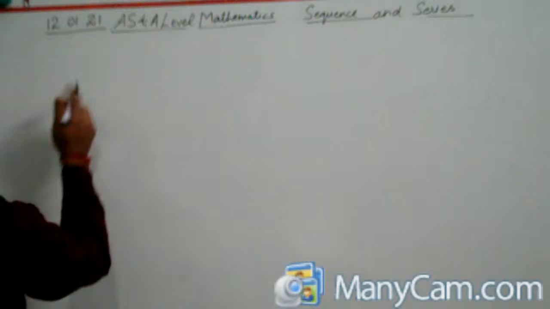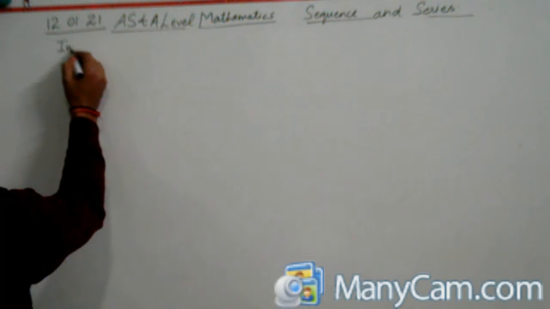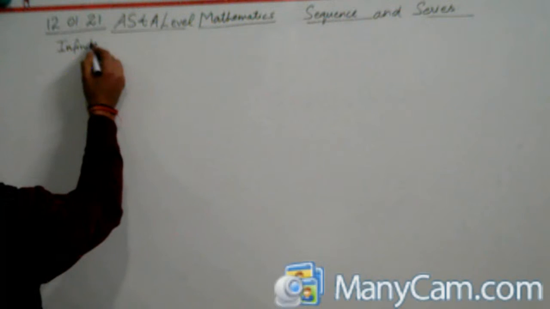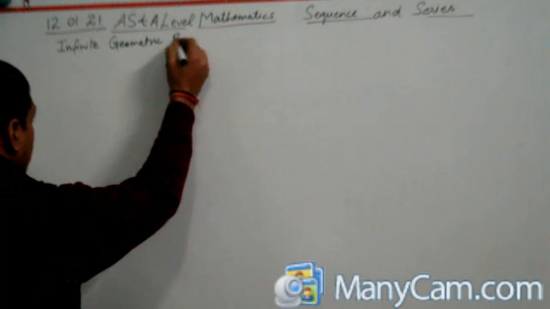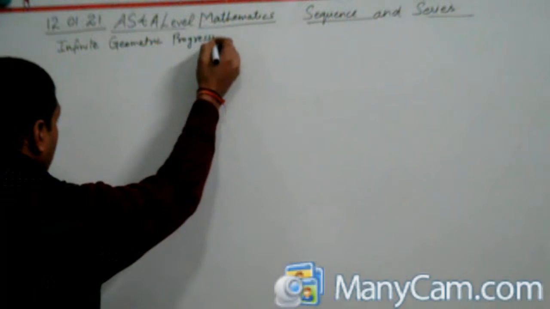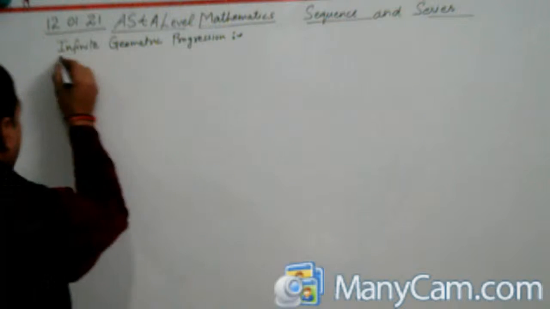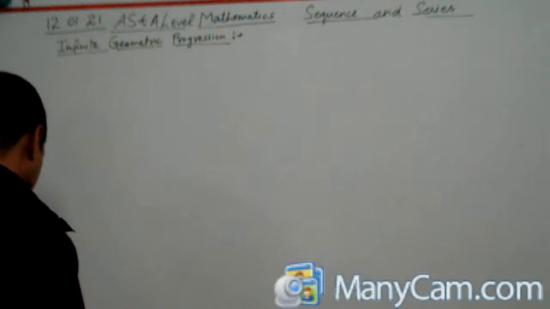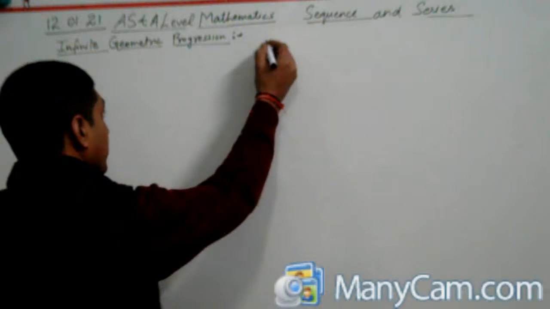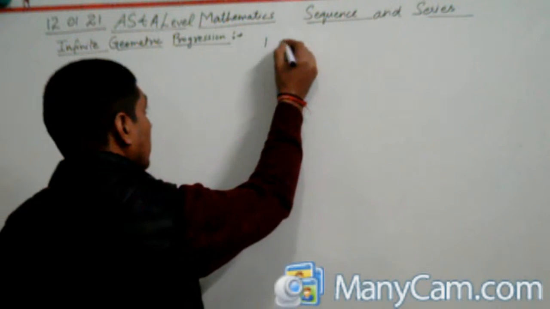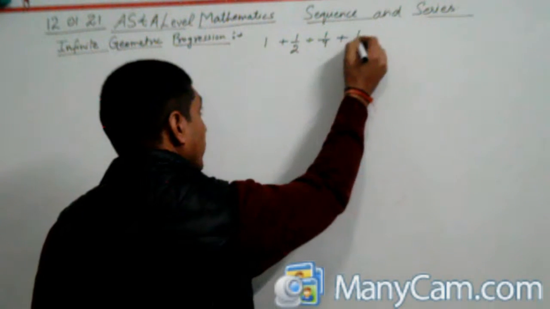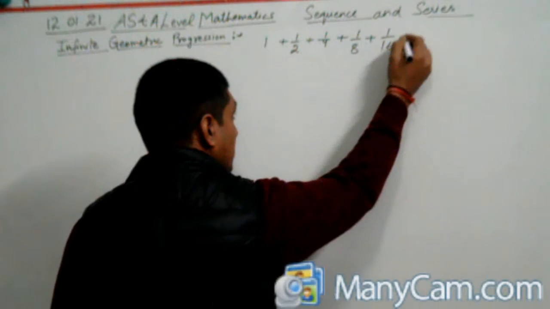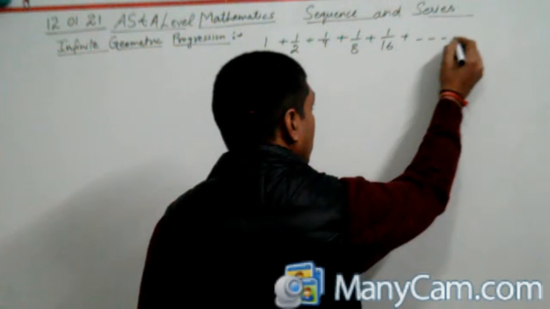Here we have the sequence like 1 plus 1 upon 2 plus 1 upon 4 plus 1 upon 8 plus 1 upon 16 plus so on.